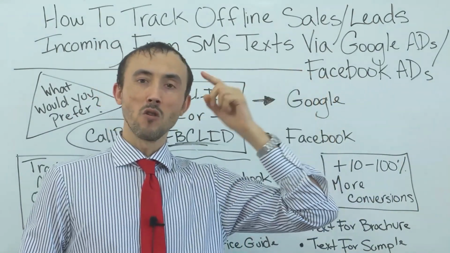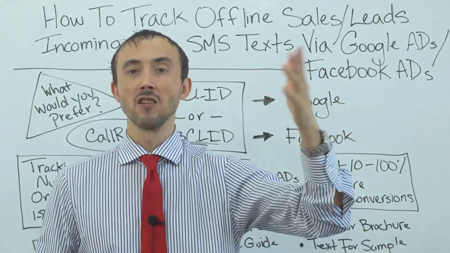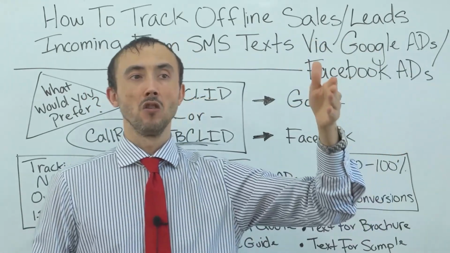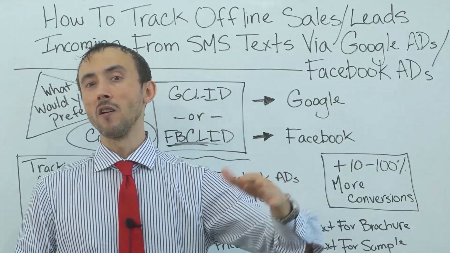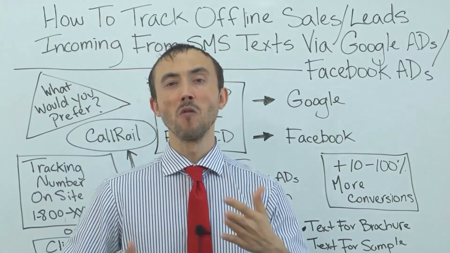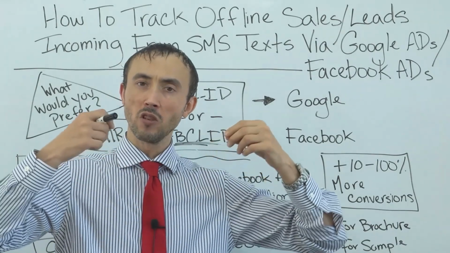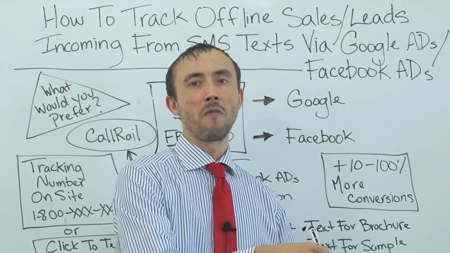You could just bid less arbitrarily, or if you weren't paying attention, you may be overpaying for that traffic from that keyword forever. Or, if you're using offline conversion tracking, you can identify what exactly the traffic from that keyword is worth.